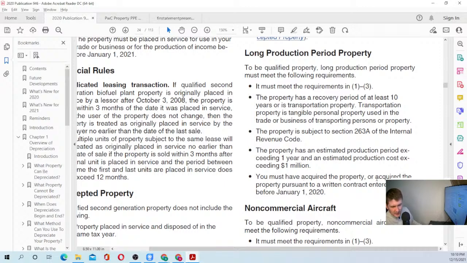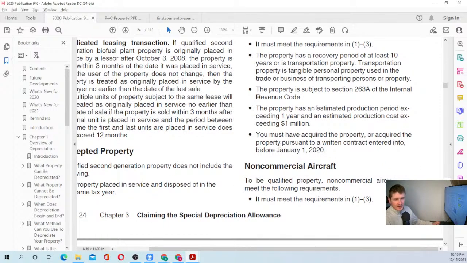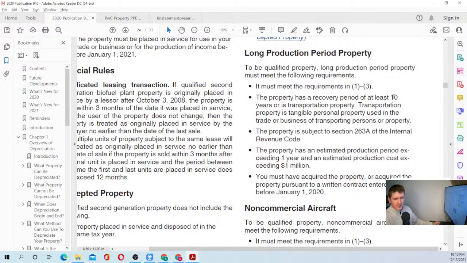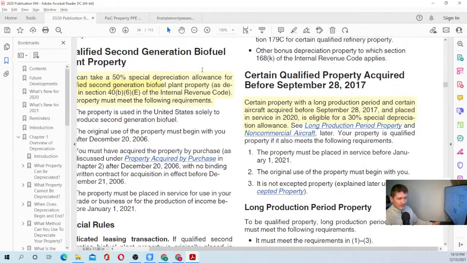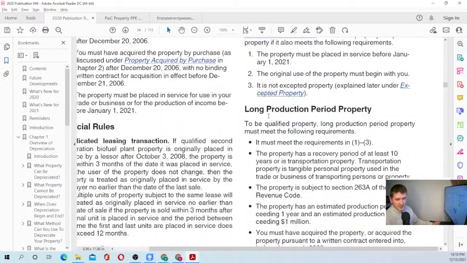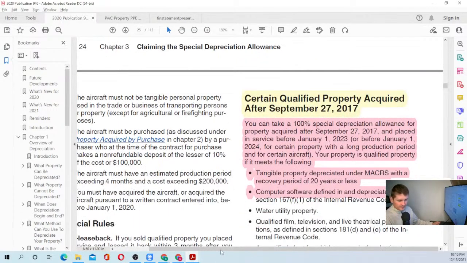You must have acquired the property or acquired the property pursuant to a written contract entered into before January 1, 2020. So basically stuff like aircraft or some property with a useful life of at least 10 years. It can qualify for that depreciation allowance.